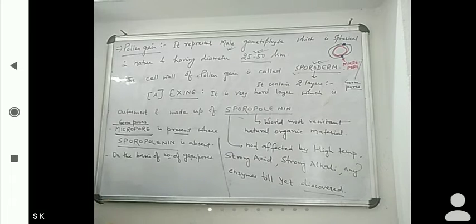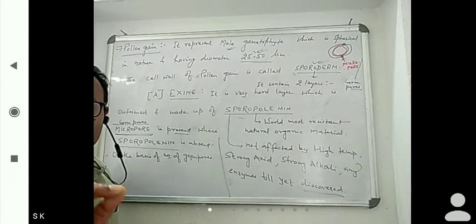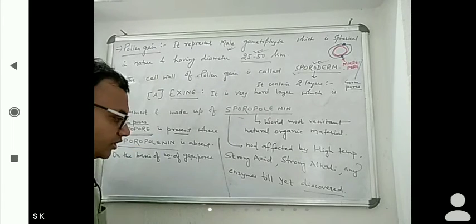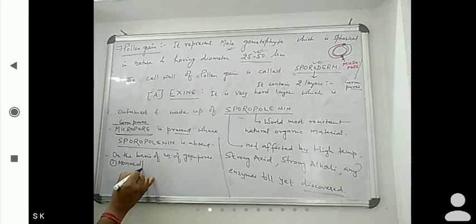it is having some types. What is that? First one is monocolpate. Means what? How many germ pores? Mono means one.